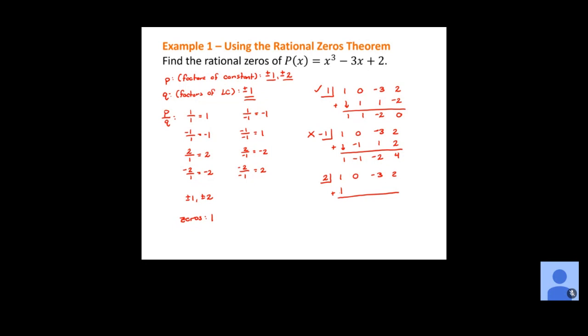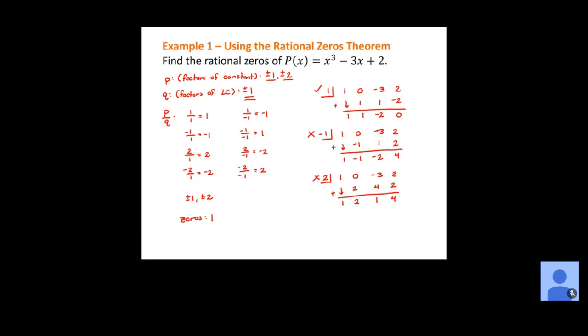All right, bring down your 1. 1 times 2 is 2. 0 plus 2 is 2. 2 times 2 is 4. Negative 3 plus 4 is 1. 1 times 2 is 2. And so what's our remainder this time? It's going to give us 4. So what does that tell us? Good, not a 0 this time. Right?